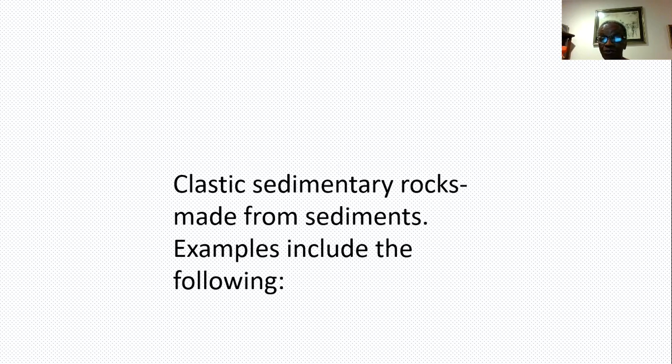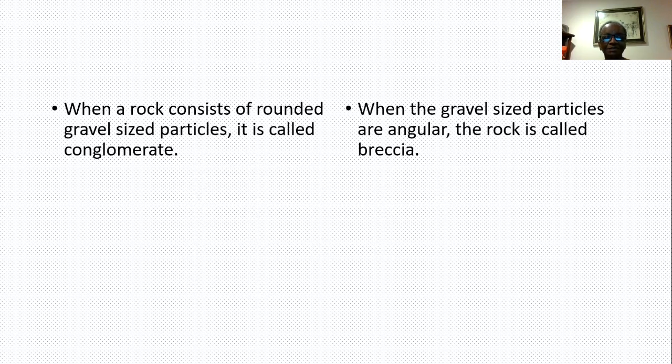One type is called clastic, and clastic sedimentary rocks are made from sediments. They could be made of sediment cemented together like gravel, sand, silt, mud. Here's some examples. If we have rocks that are sedimentary that have rounded gravel-sized particles, we say that the rock is a conglomerate.